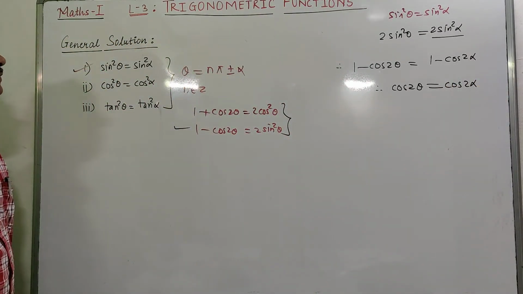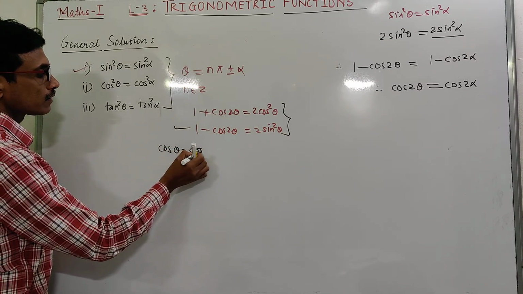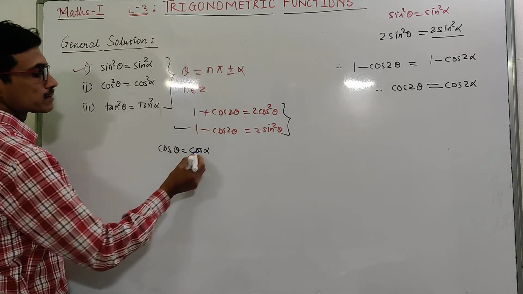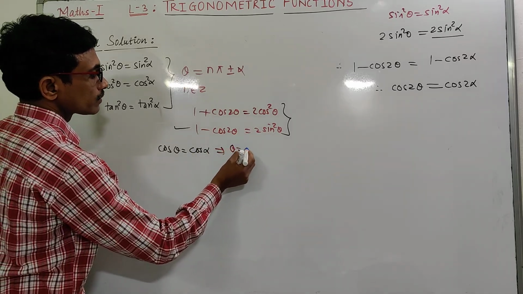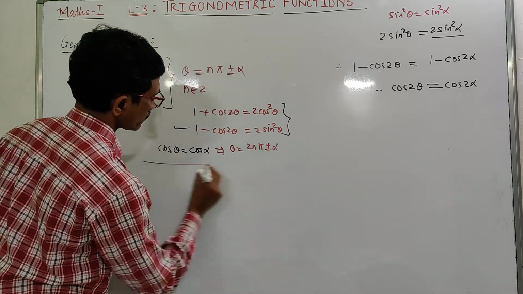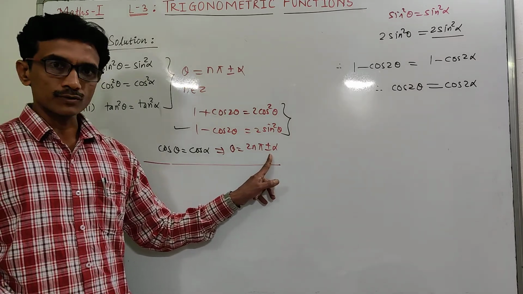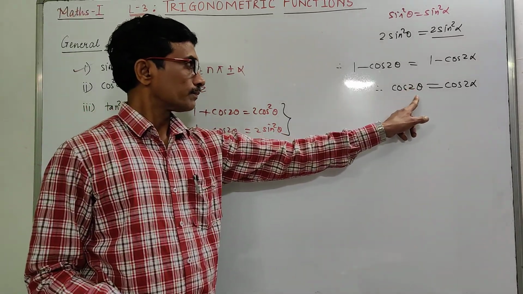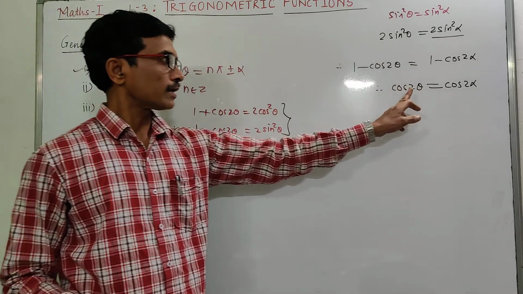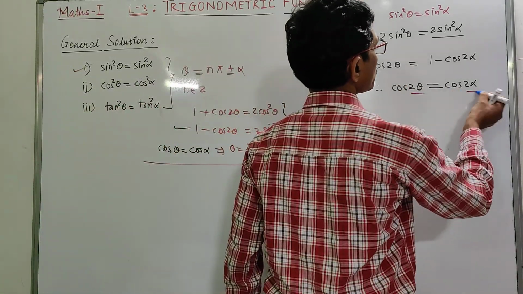Now we apply the result: cos theta is equal to cos alpha implies theta is equal to 2n pi plus minus alpha. So we use this general solution. Instead of theta there is 2 theta, and in place of alpha there is 2 alpha. So this will be the general solution.